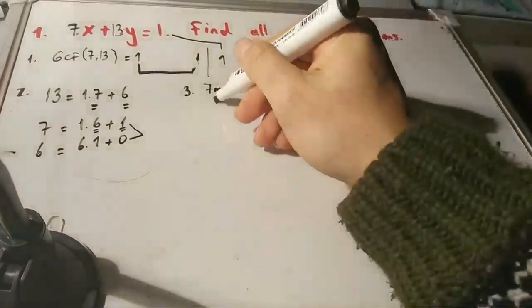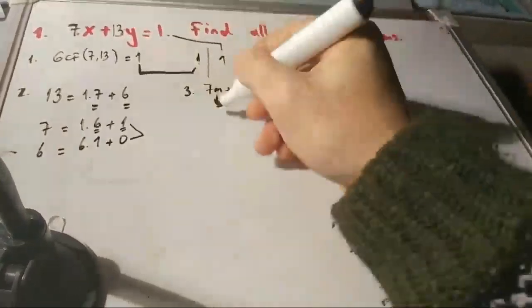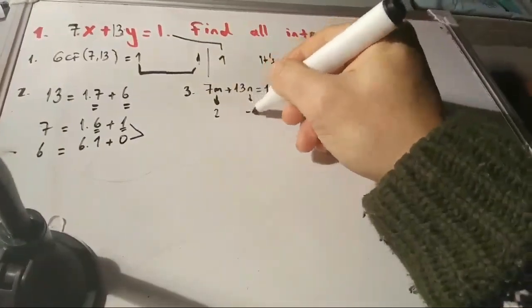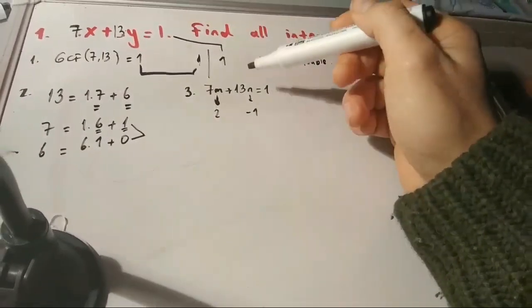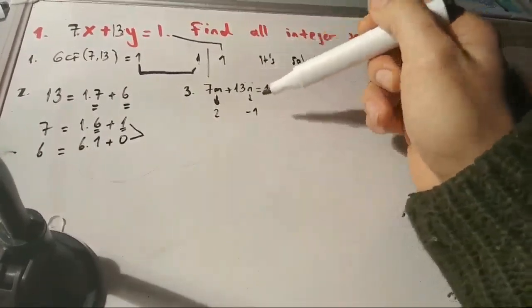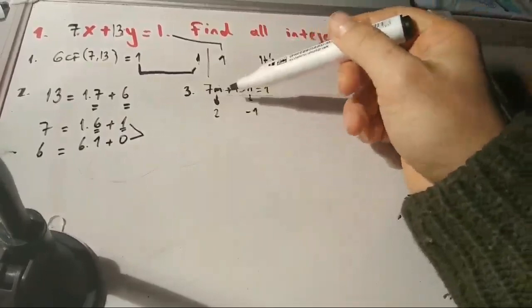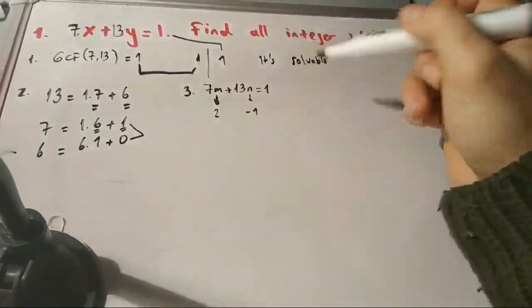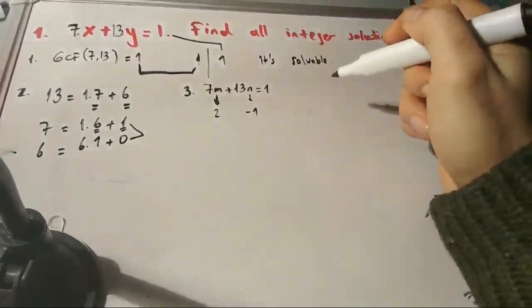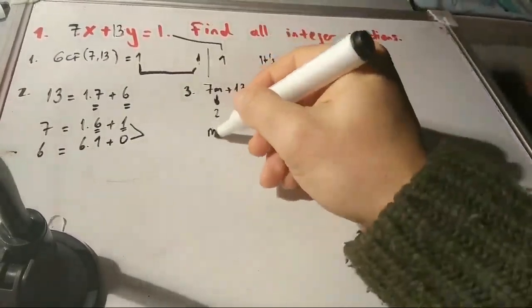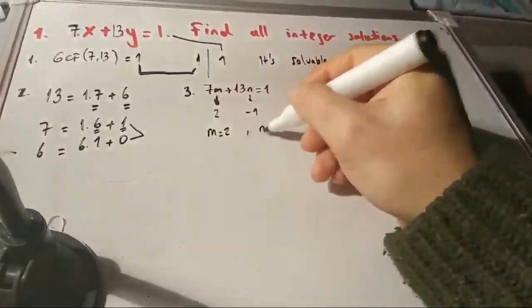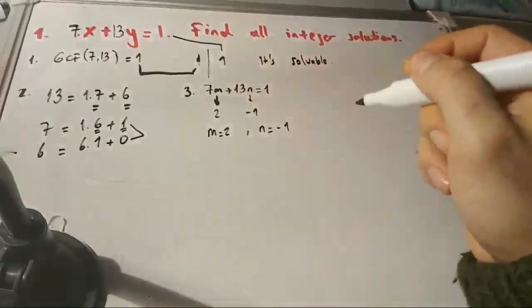For m, we're going to use 2, and for n it is -1, right? 7 times 2 is 14, plus 13 times -1, which happens to be -13. 14 minus 13 is 1. Okay. So m is 2. n is negative 1.